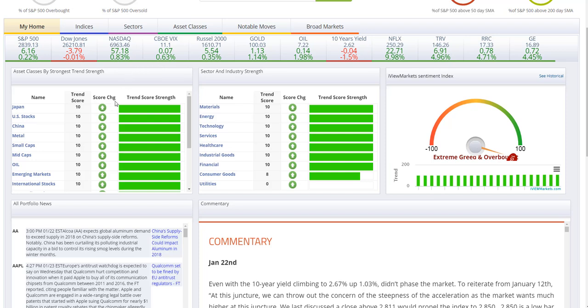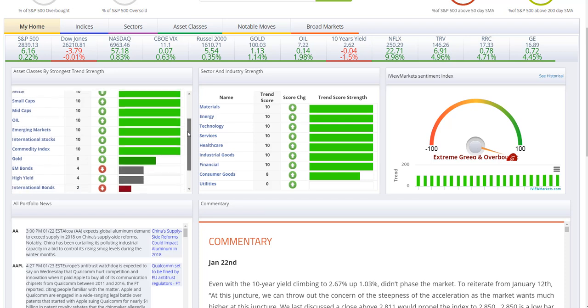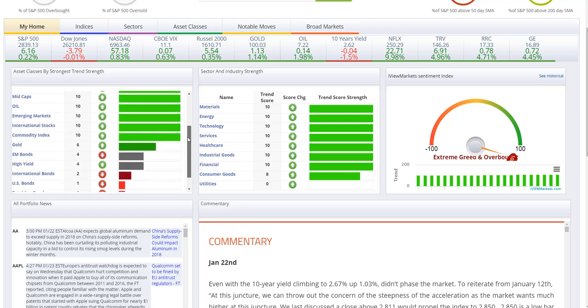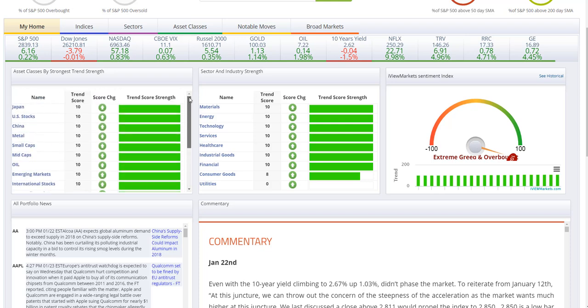All right, so I would say almost every major asset class right now, except emerging market bonds, high yield international bonds and REITs, are pretty strong. It's a 10 out of 10. And what is the 10 out of 10 score? Well, we talked about it before. That is grading the momentum, the relative strength of that market.